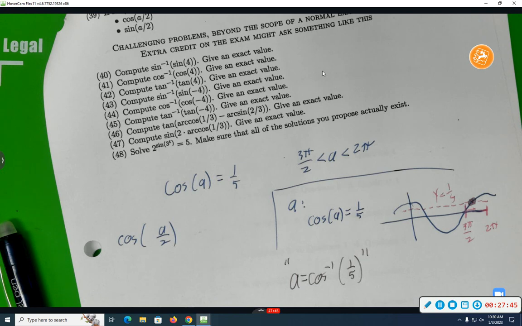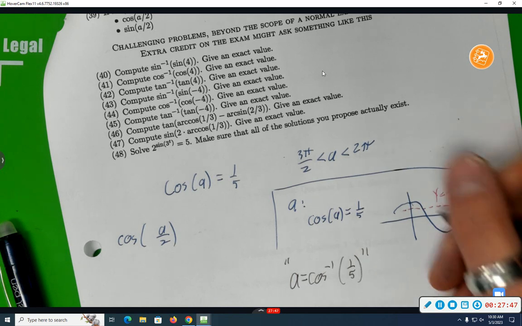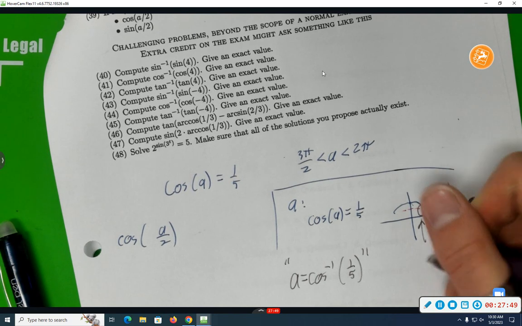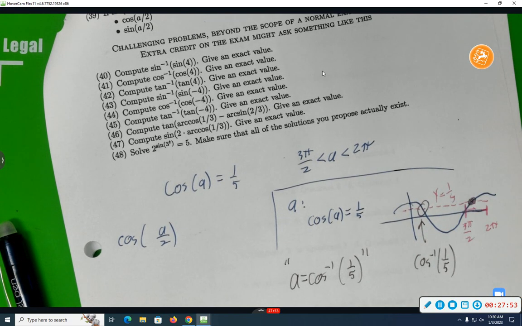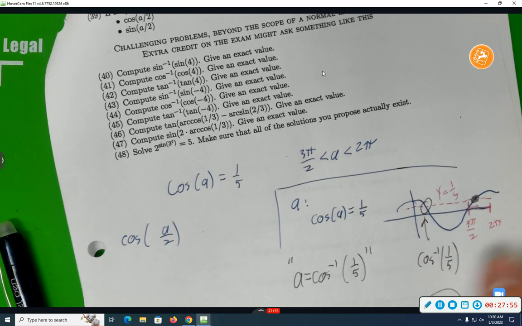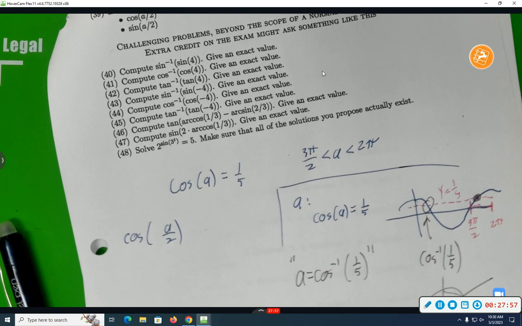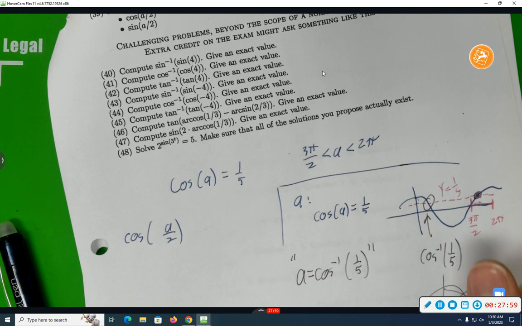Yeah, it'd be in the wrong quadrant. This answer is cosine inverse of 1/5. All right, so the unit circle version is there's inverse cosine of 1/5.